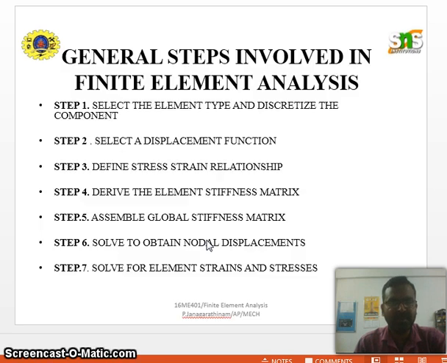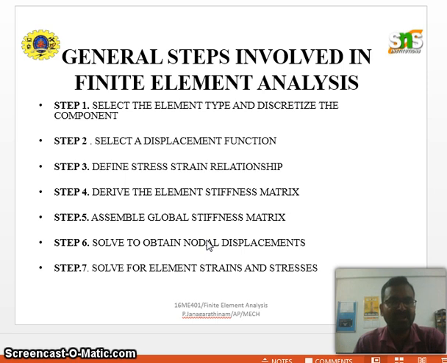Okay, then next, these are the general steps involved in finite element analysis for solving structural problems. The first step is to select the element type and discretize the component. While selecting the element type, for example, if we select the bar element, we generally select the link element.